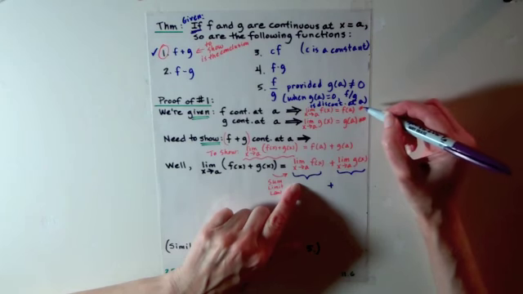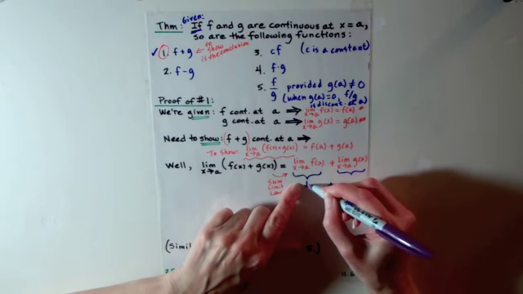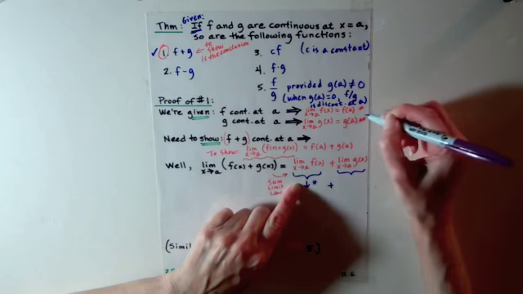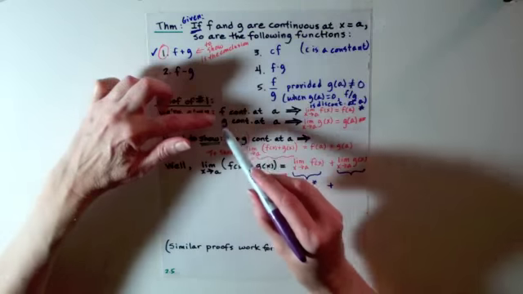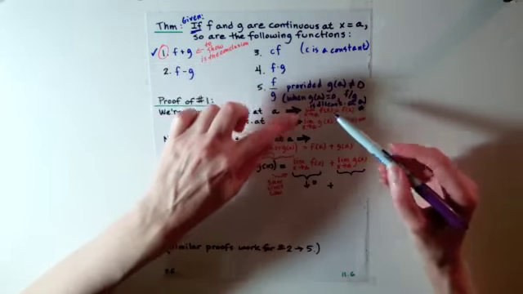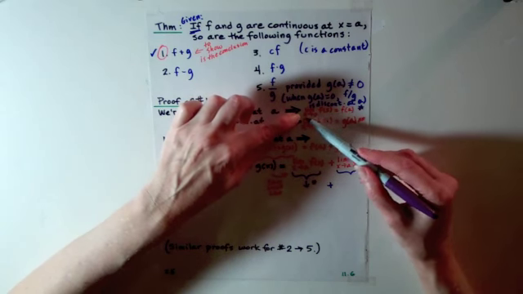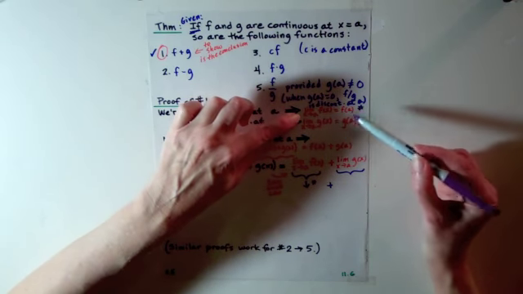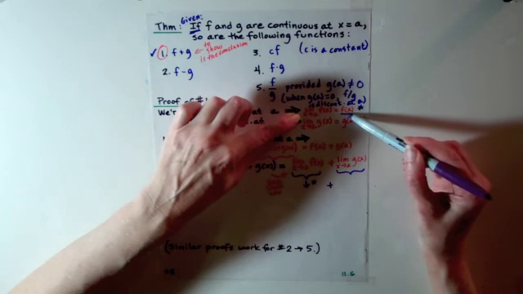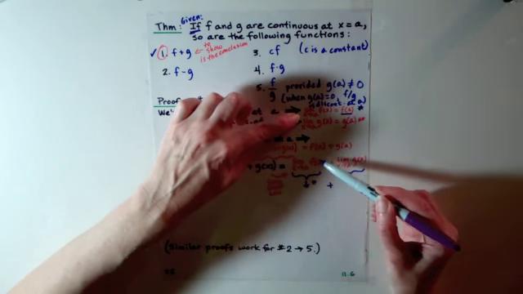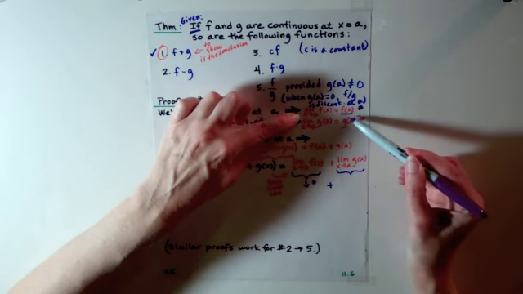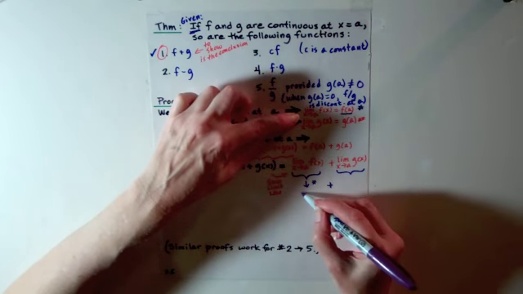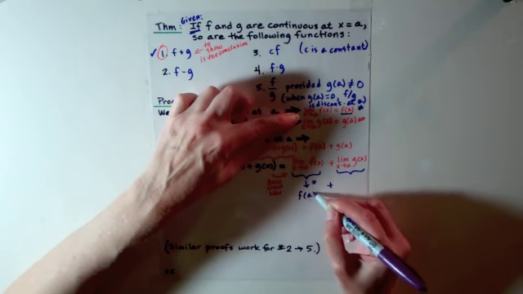By the star up here, by assuming that f was continuous at A, we knew the limit as x approaches A of f of x had to be the same thing as f of A. So I can replace it with what it's equal to, namely f of A.